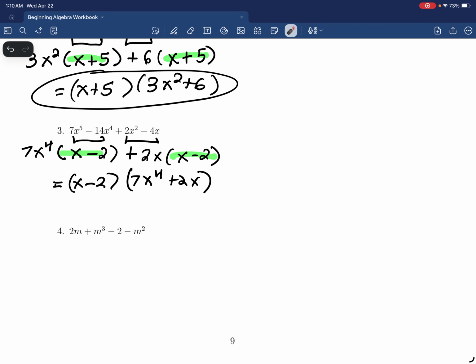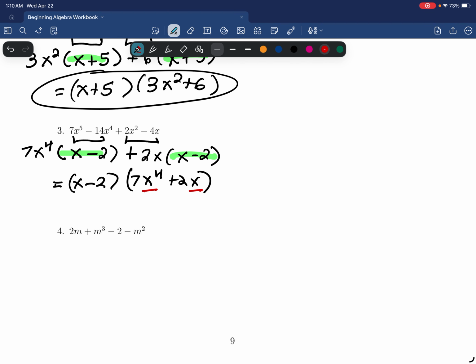So we're going to have x minus 2 times 7x to the 4th plus 2x. Now, one thing to notice here is that both these terms within this binomial, we can factor out an x. So when we do that, we're going to get x minus 2 times x, and then here we're going to get 7x cubed plus 2.